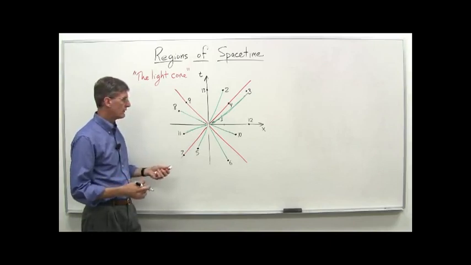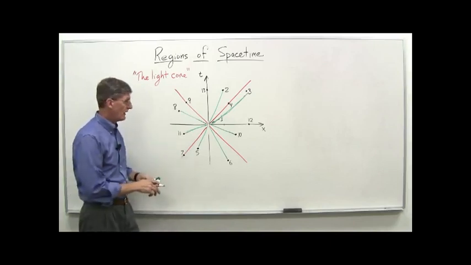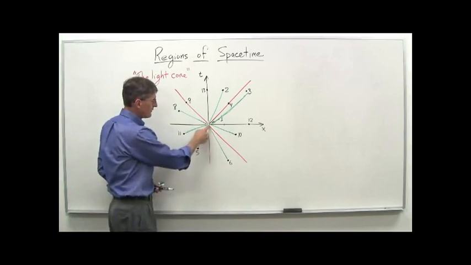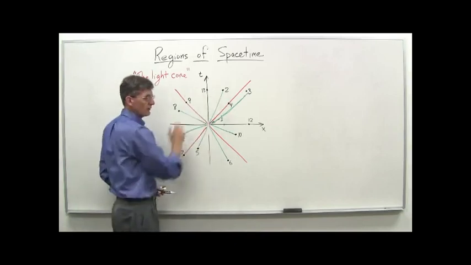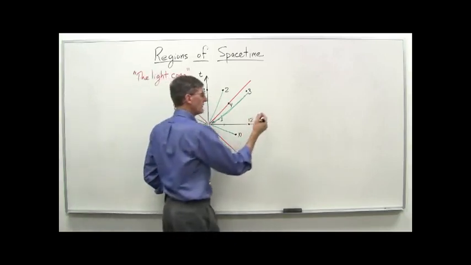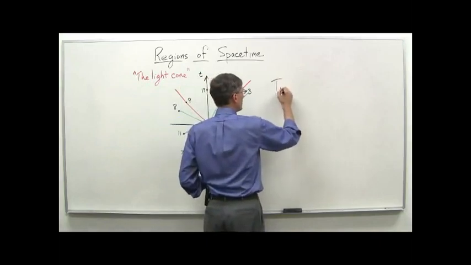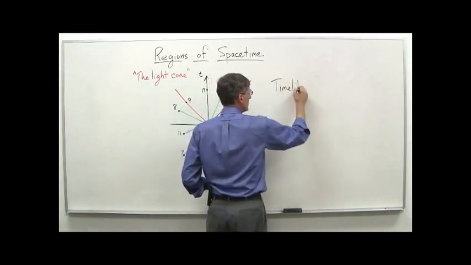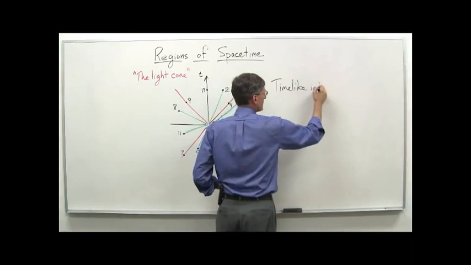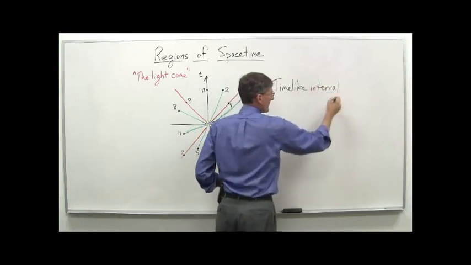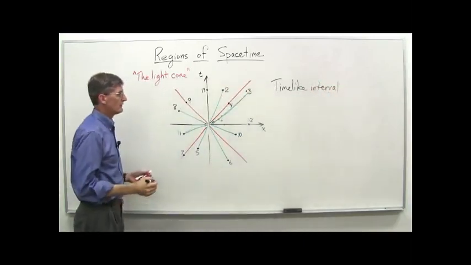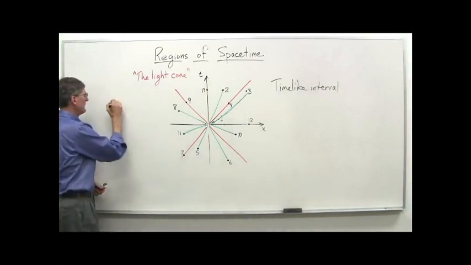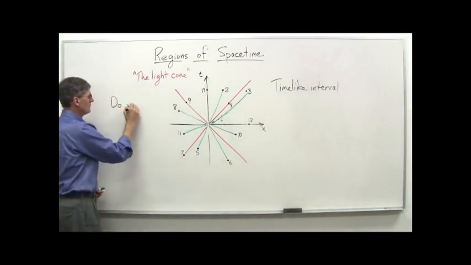We have 3 names for these situations, because I can either get there in time, whether I'm going to point 1 or to another point. We call that a time-like interval.